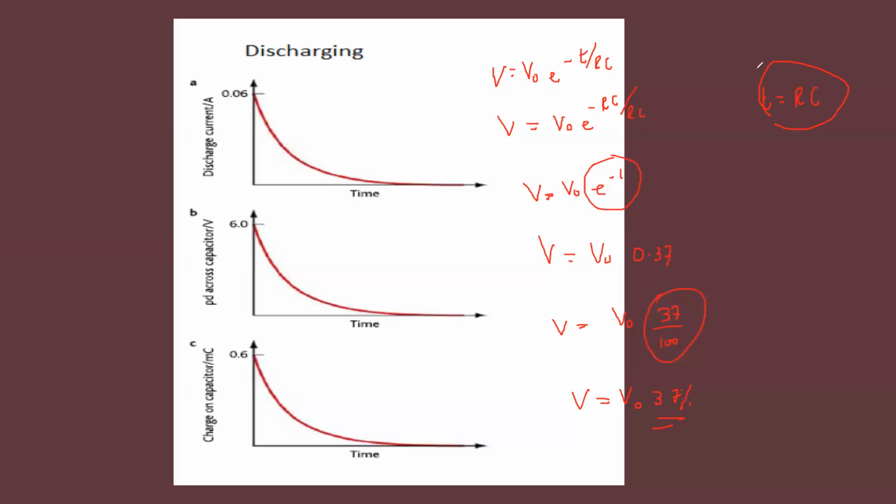Like if the maximum voltage was, say, 100, then 37% of 100 will be 37.